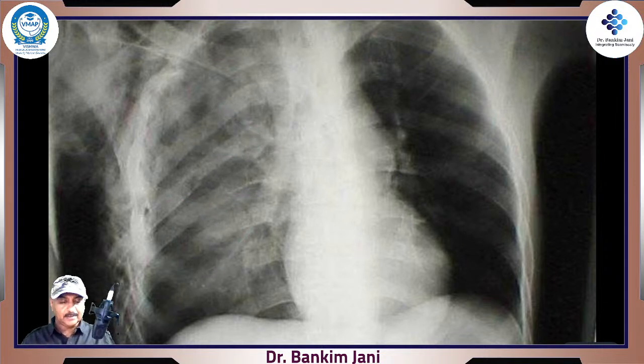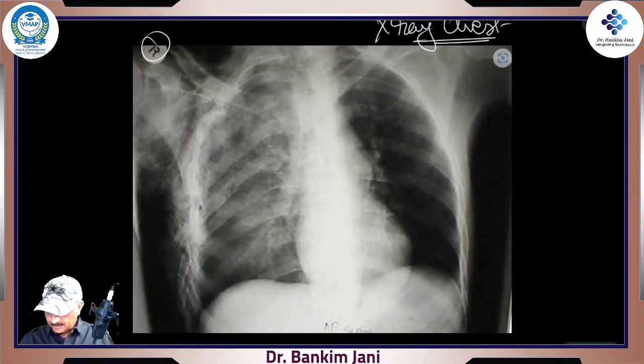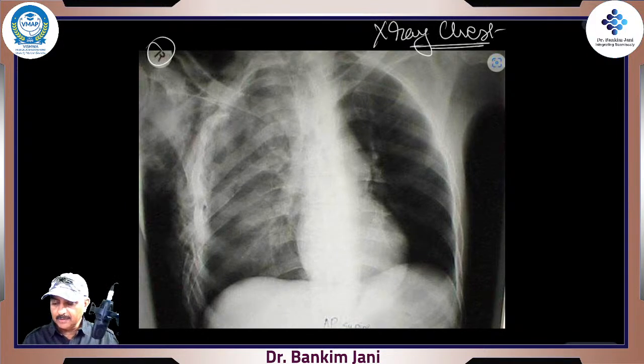So what is it? There is injury to the lungs. Because of that injury, because of that trauma, blood and fluid have accumulated in the lungs, and that's why the air has been displaced. So there is air plus blood and fluid, and that's why it looks like this.